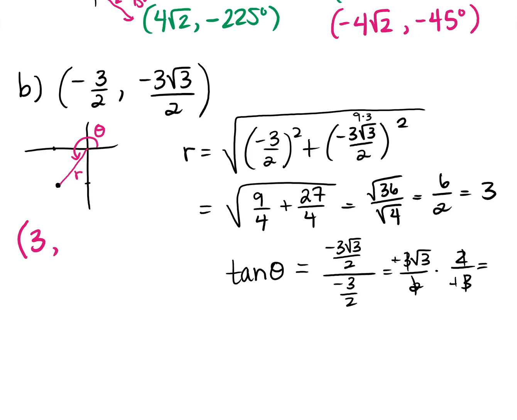Tangent should be positive in the third quadrant. So I need an angle in the third quadrant whose tangent is root 3. So what's my reference angle? The tangent of 60 degrees is going to be my reference angle, and I want to be in the third quadrant. So what do I want here? I want this right here, and so that's 240 degrees.